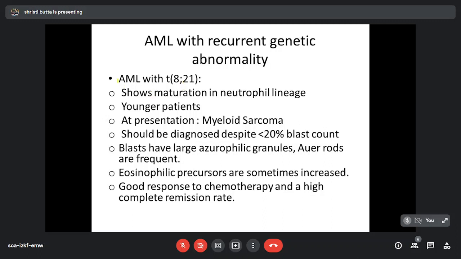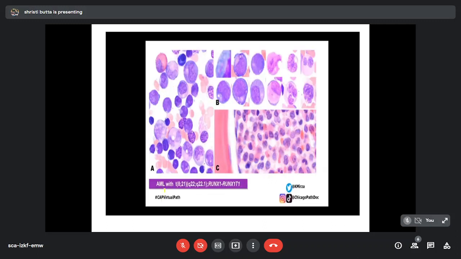So the criteria for diagnosing an acute leukemia with a blast count of more than or equal to 20% according to WHO, okay, does not suffice when you have a case with t(8;21). So look at this case here. This is a case of AML with t(8;21). Maturation is seen in the granulocytic lineage. You have lots of granules.